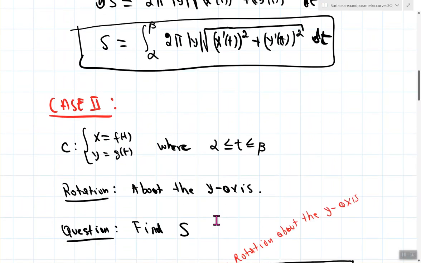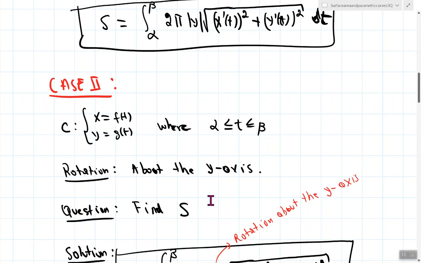Case 2 is that we have the same curve given in terms of two parametric equations, and the parameter t is still between alpha and beta. Only this time the rotation is about the y-axis.